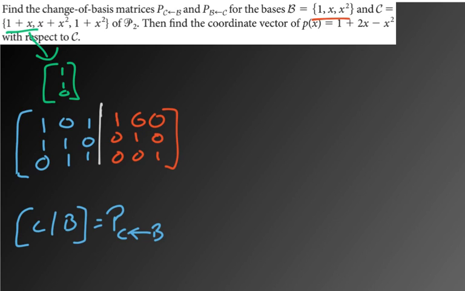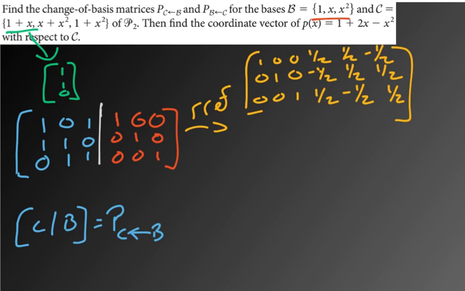But then if you just RREF this thing, you're going to get this. And that's basically it. So this part over here is P that sends B to C. I'm very bad at drawing arrows backwards. And then you can test this.